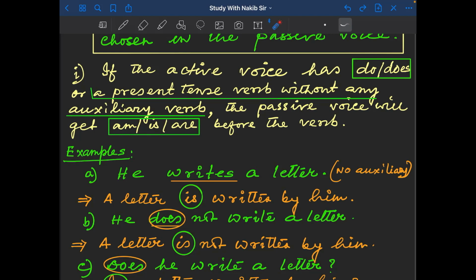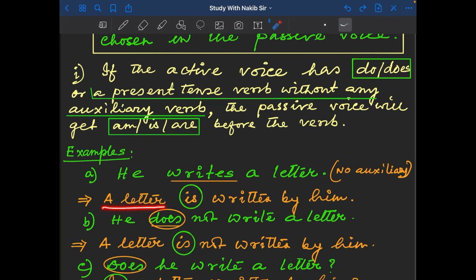He writes a letter. See, no auxiliary, and the verb is the present tense form. So the condition is, if you get a present tense verb form, you will get one am or is or are as is necessary according to the number and person of the object used here.